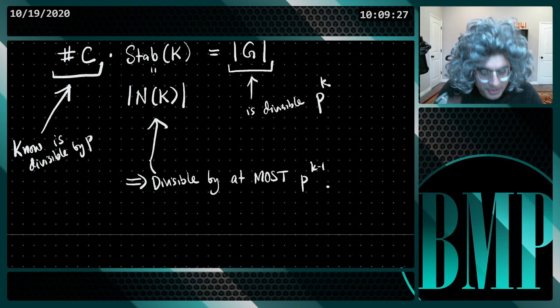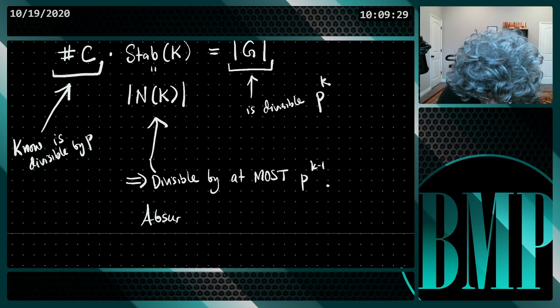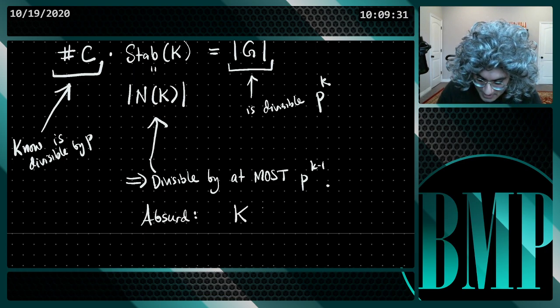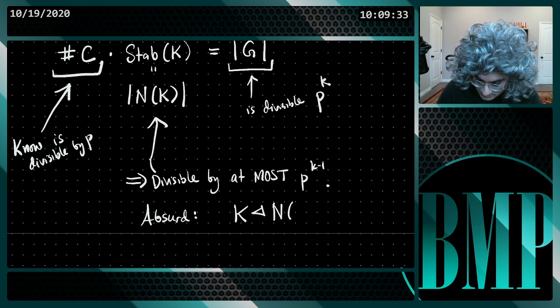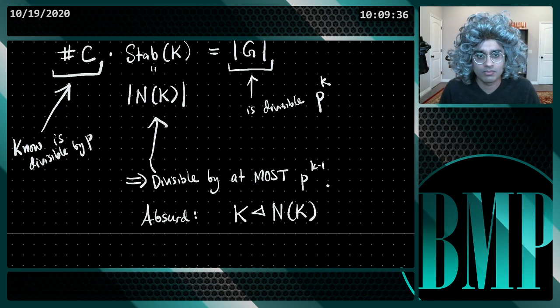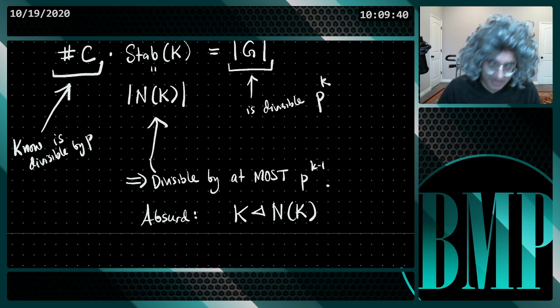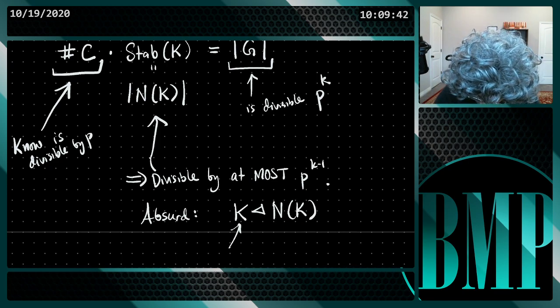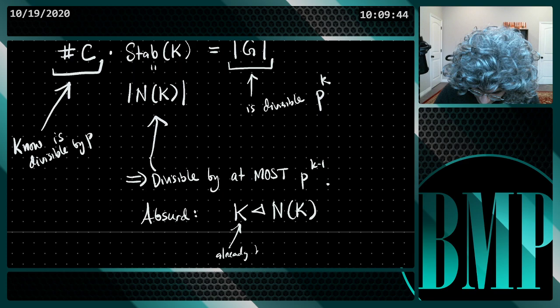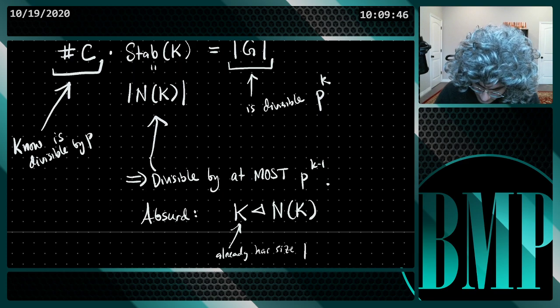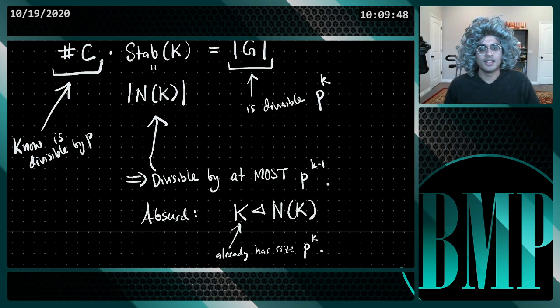But this is absurd, because K is a subgroup, and the size of K is Sylow. The size of K is P to the K. So that's absurd.